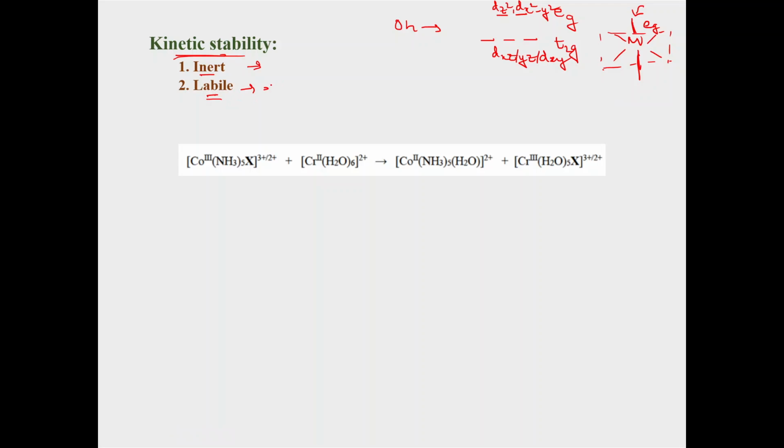So an electron in the eg orbital means labile. And if it is d3, that is 3 electrons in t2g and no electron in eg, then that complex will be inert in nature.